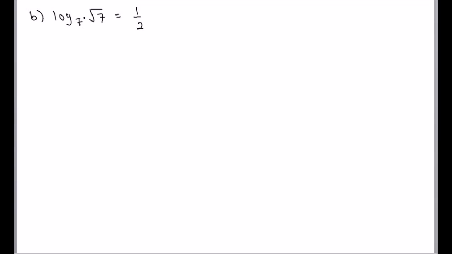Okay, because we have log base 7 on the left, we will add log base 7 on the right as well, and then add 7 to the power 1 over 2. Why do we add log 7 to the base of 7? Because we know that this is equal to 1. So it's just that we multiplied 1 over 2 by 1, which is still equal to 1 over 2.